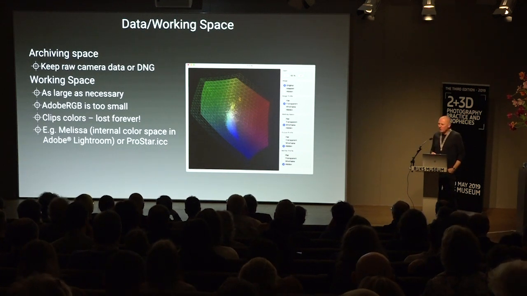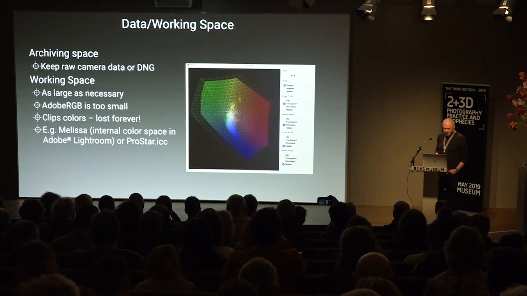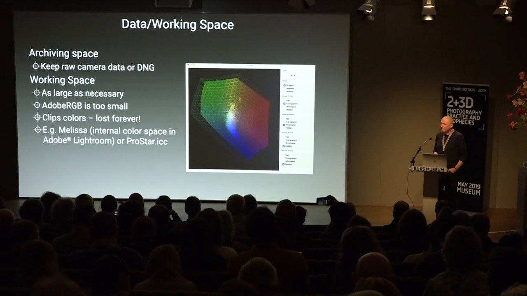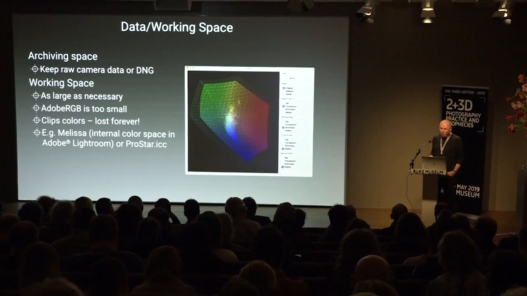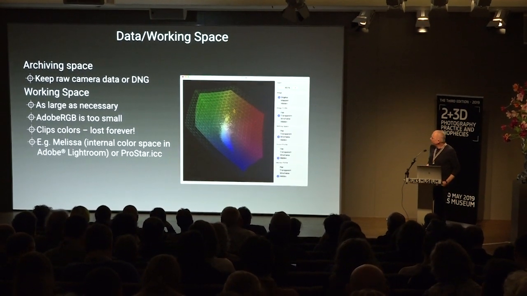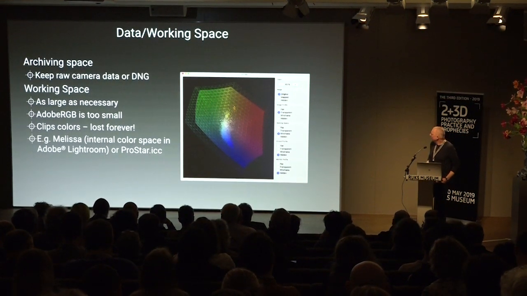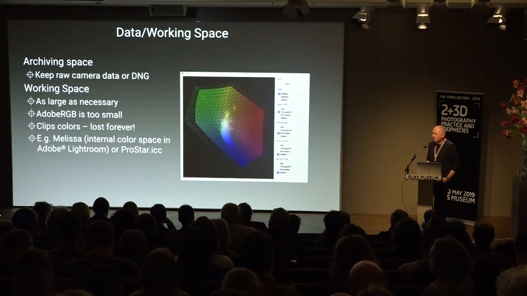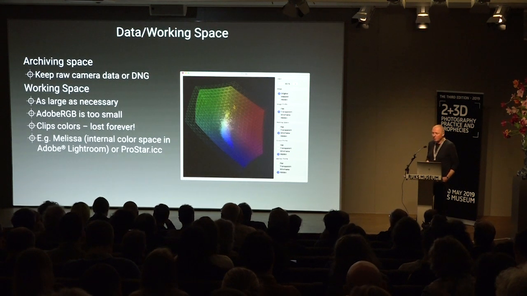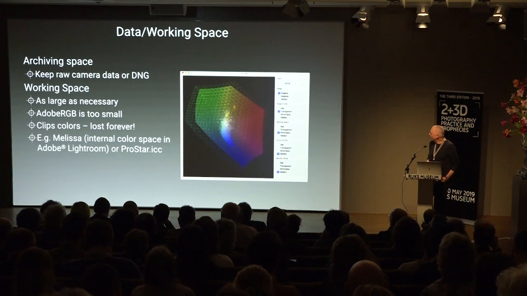It's got the same shape and size as ProPhoto and the same as ProStar, which just has a different tonal response curve gradation inside. So here you see that this covers all the colors of this image and most probably all the colors of any other image that you may want to reproduce.